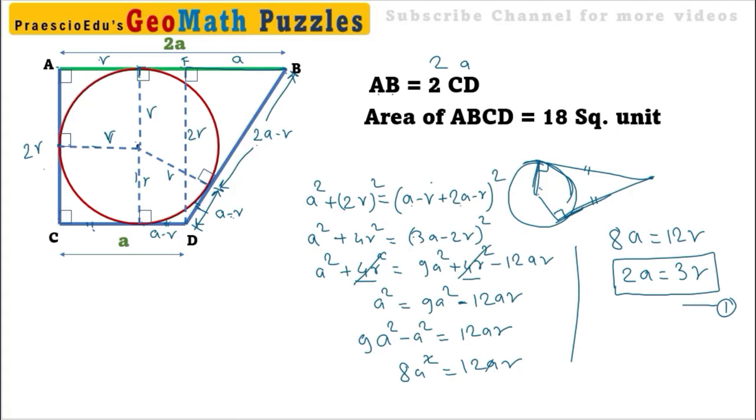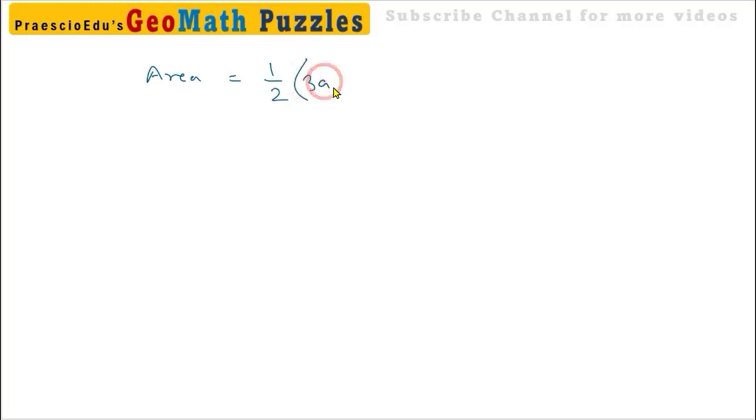So this comes to 3a multiplied by 2R. The area we know is 18, which equals, the 2 gets cancelled, 3aR. So we can say aR is equal to, after dividing 18 by 3, 6. So aR equals 6.